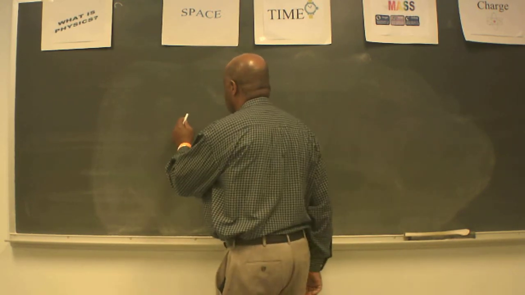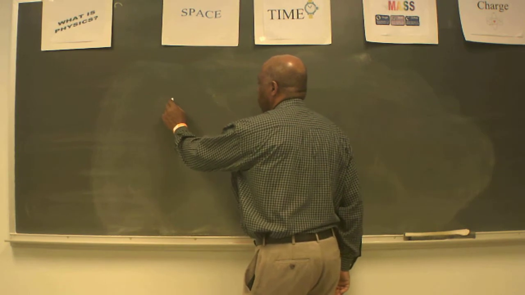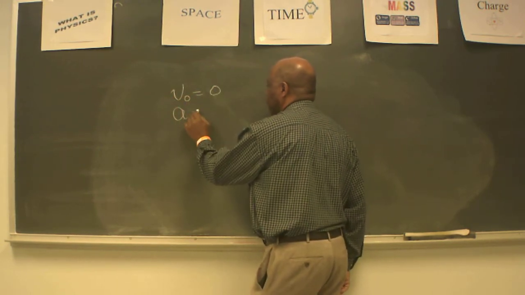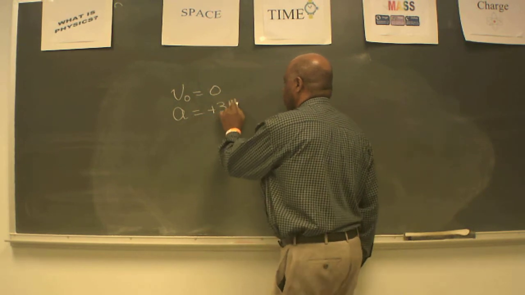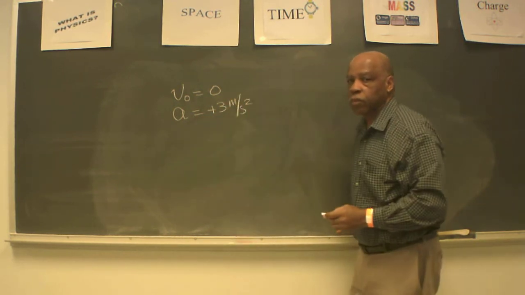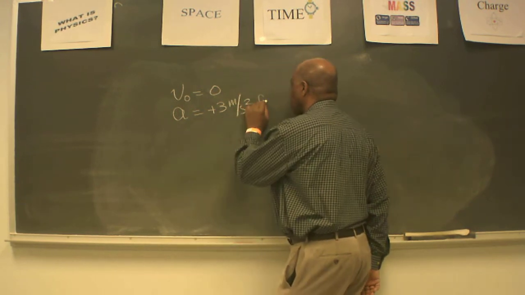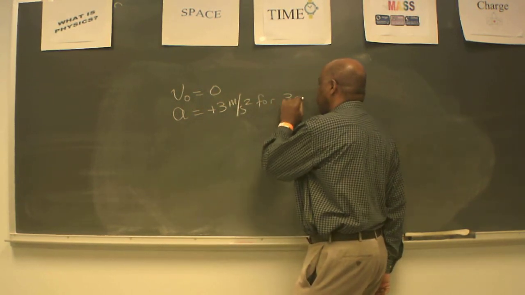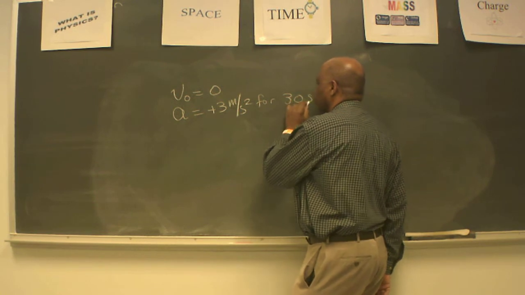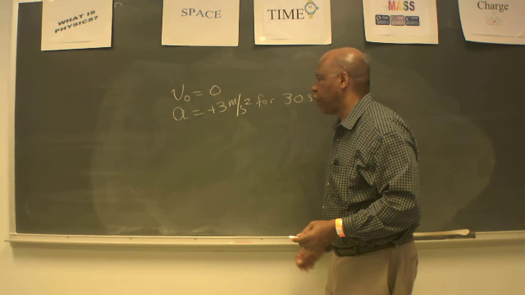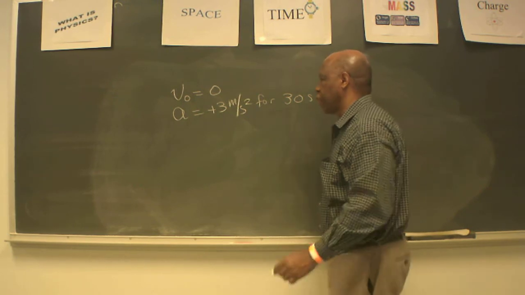The first part of the trip, it starts from rest and accelerates at 3 meters per second squared for the time of 30 seconds. You have to determine how far it travels during this time first.